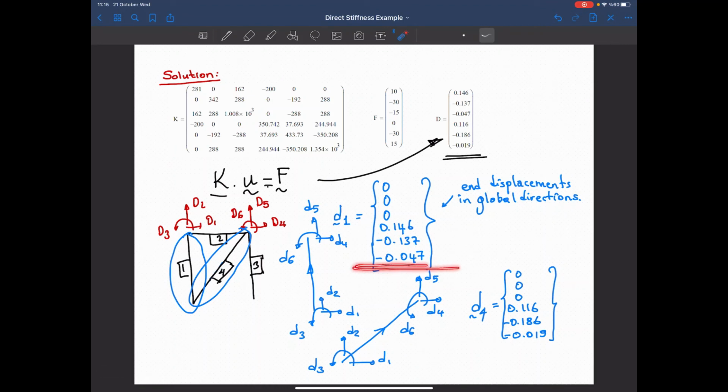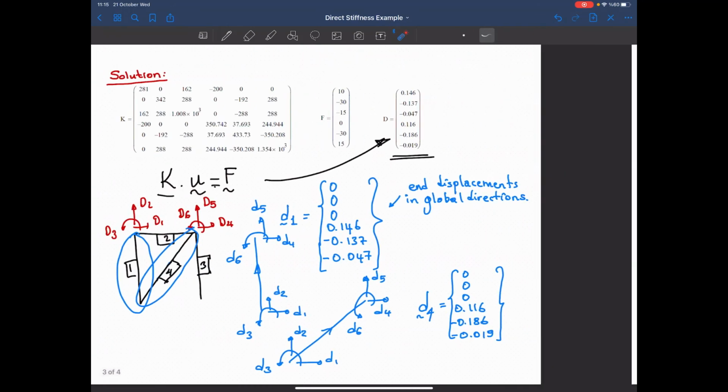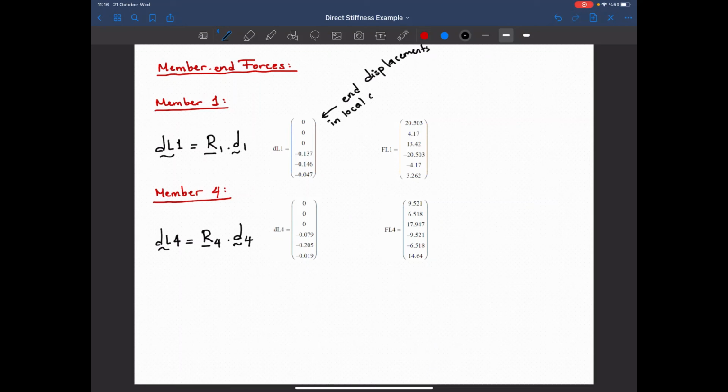So here again, let's repeat. These are the end displacements in the global direction. So for the first member, I'm multiplying this vector with this rotation matrix. And once you do that, you will obtain your displacements in local coordinate system. In local coordinates. Again, let's take a look at this one.